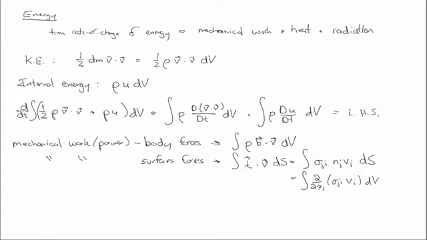I'm going to manipulate this a little further. If we use the product rule here, we'll have the partial with respect to x_j of sigma_ji, times v_i, plus sigma_ji times partial v_i partial x_j, dv.